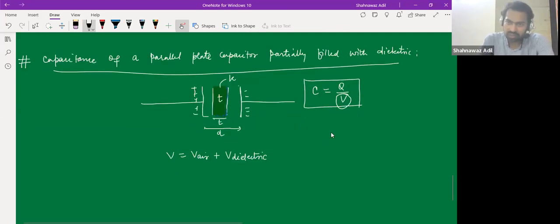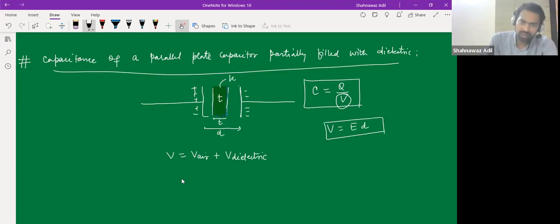We already know that the potential is E into T, right? So then we'll have this air, which is E air and D air. And then this V dielectric would be E dielectric and D dielectric.